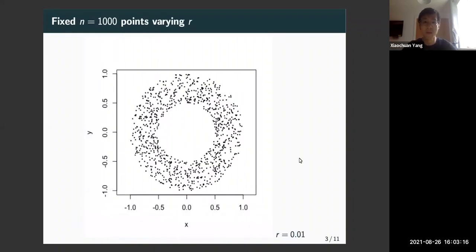Before diving into the mathematical theory of this topic, let me first show you some simulations. Here I'm going to fix the number of points, 1,000 points in the plane, and I'm going to vary the value of R and see how many components there are. In the beginning, when R is very small, 0.01 in this case, the graph is very disconnected, right?